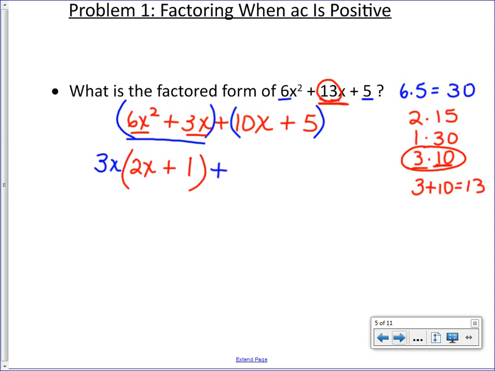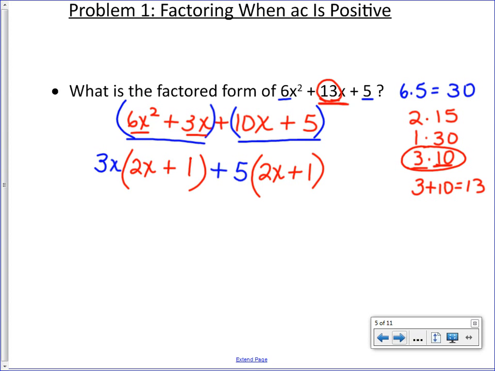Pulling a greatest common factor out of the second pair of terms, 10 and 5 have a common factor of 5, and there is not a variable common to each term. So 5 times 2x would give 10x, and 5 times 1 would give 5.